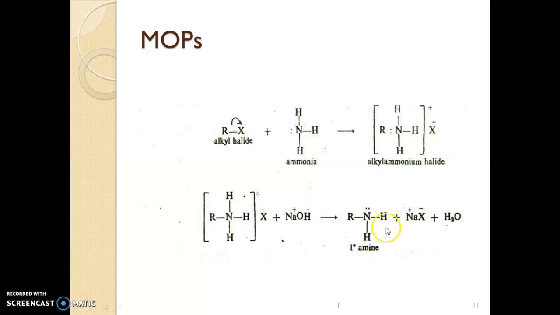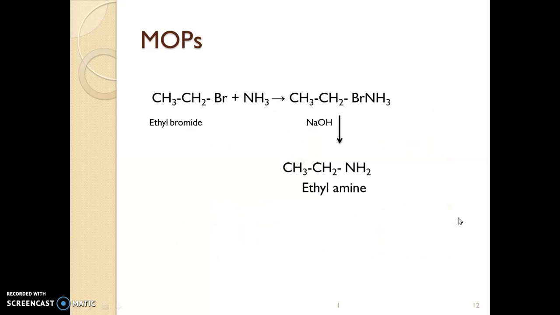So here we will get the primary amine plus sodium halide plus water. So let's see the example. Now here CH3CH2Br, ethyl bromide, reacts with ammonia to produce ethyl ammonium bromide, which on further treatment with NaOH produces ethyl amine.